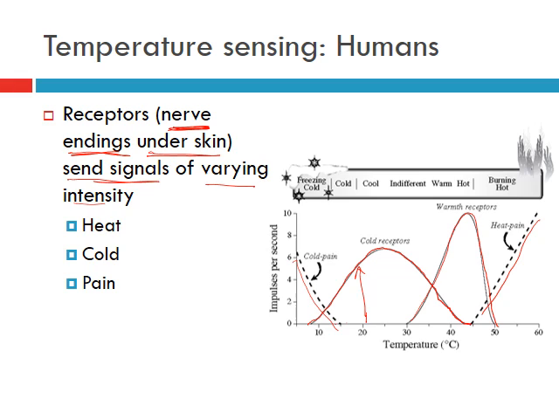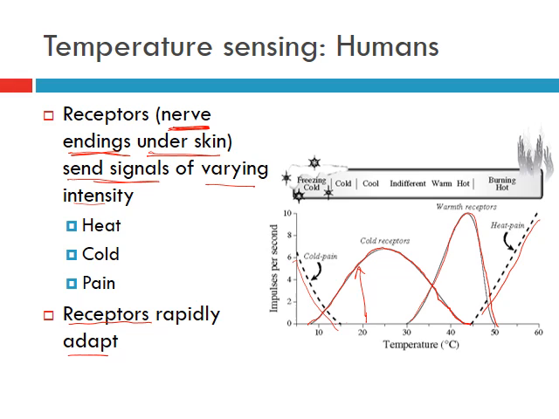It is the number of impulses that relate to the temperature, and that's how the temperature is sensed. The other point, which again brings in biological complication, is that these receptors adapt rapidly.